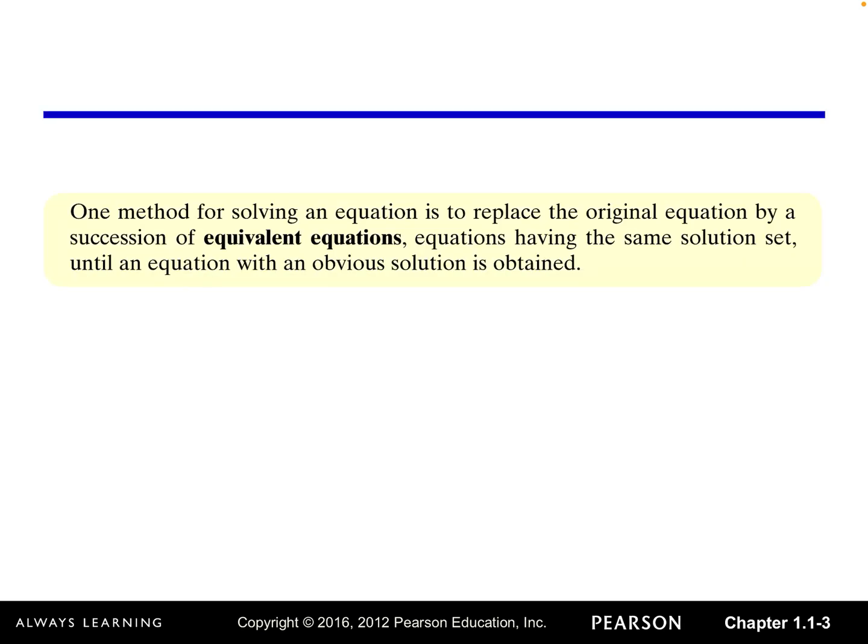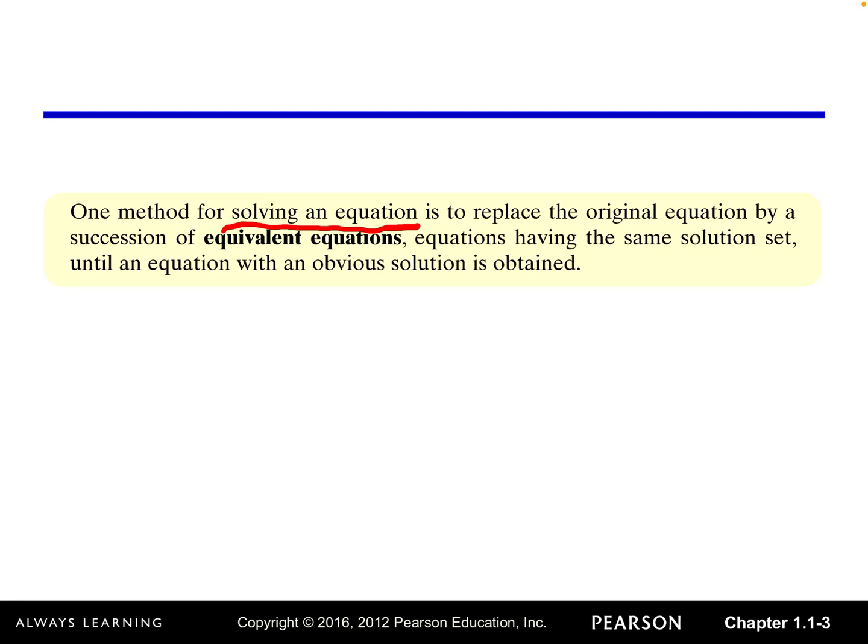So what is considered as solving an equation? Solving an equation refers to replacing the original equation by a succession of equivalent equations, and then isolating the variable on one side and the constant term on the other side of the equation, and that's how we get a solution.